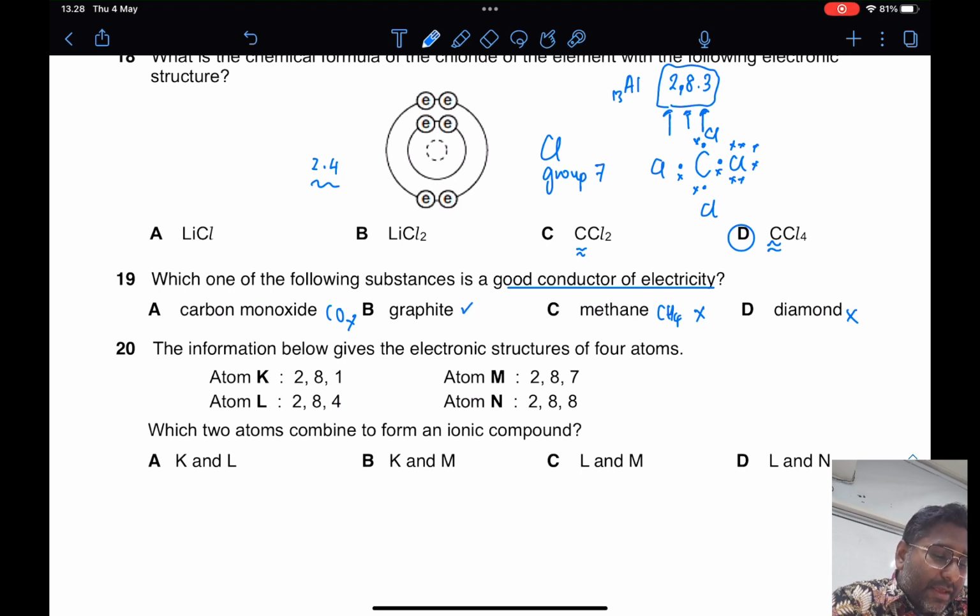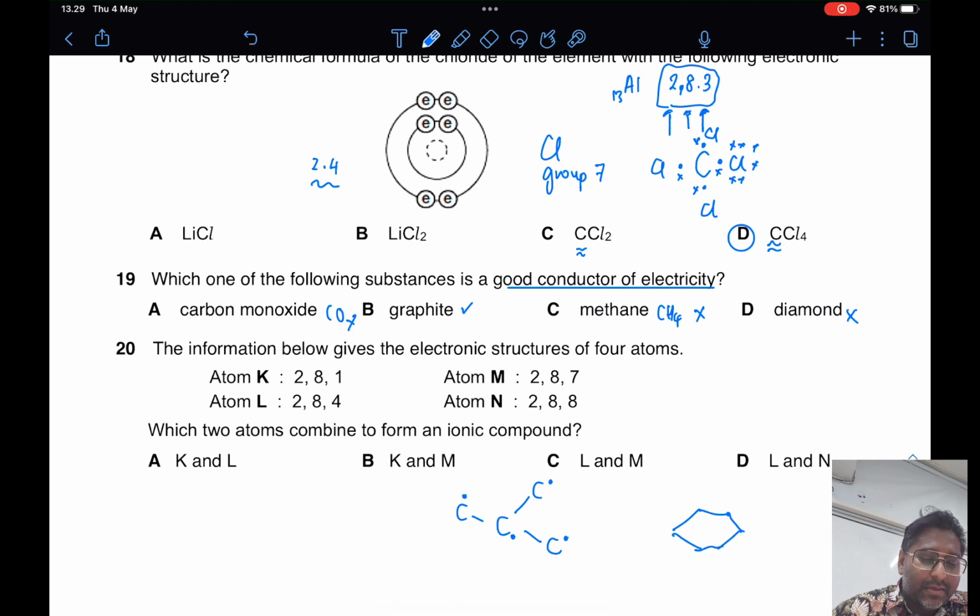Graphite on the other hand, although being a covalent compound, or to be exact, a giant covalent compound, has a special property, because each carbon is bonded to 3 different carbons. Each of them has 4 valence electrons, so each will have 1 electron left over.